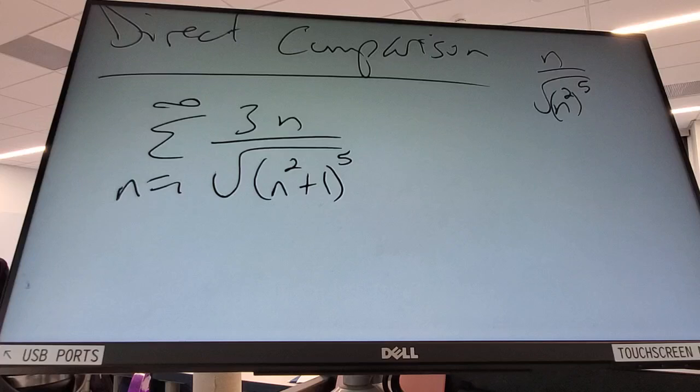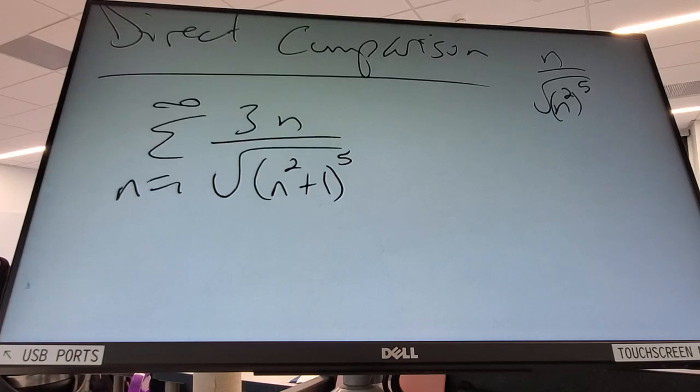Does that make sense? Direct comparison allows me to get rid of the 1. But I have to do it in a very controlled way. I can't just erase it. I have to actually show that it does what it's supposed to do, or else I'm not really showing the logic. But to get an idea for it, I can just do that on the side.